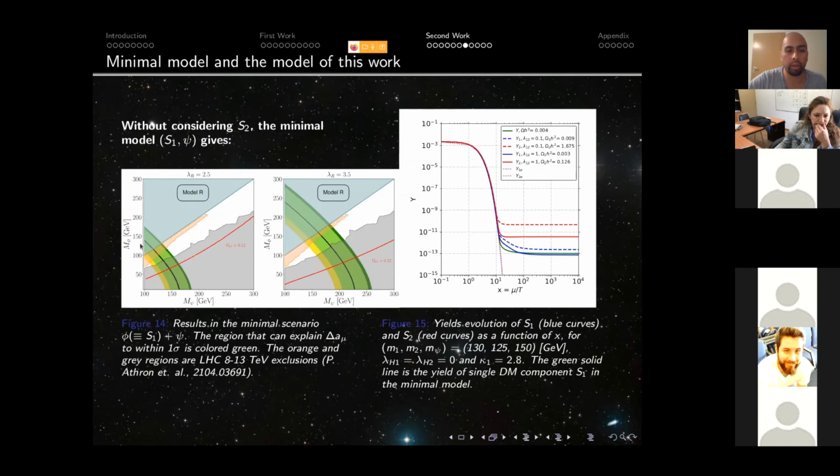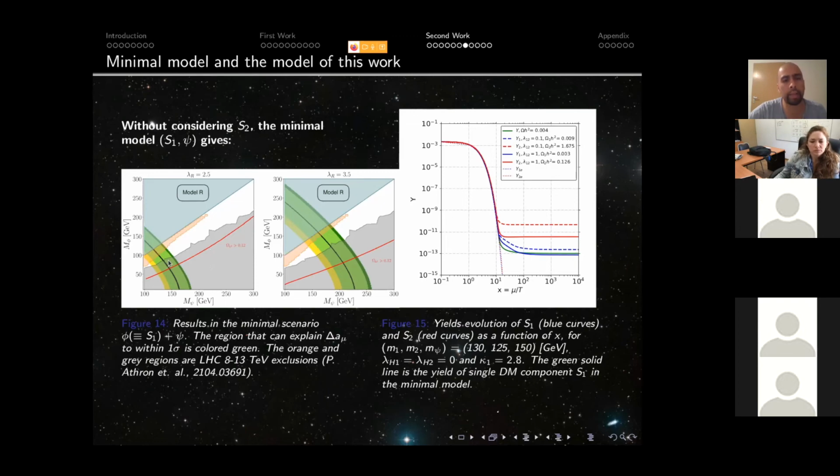And phi here is S1. The gray and orange regions are excluded by the LHC. The cyan color above is excluded because it would make the scalar unstable, and the green regions correspond to those points in which you can obtain the correct value of delta a for the G-2 anomaly.